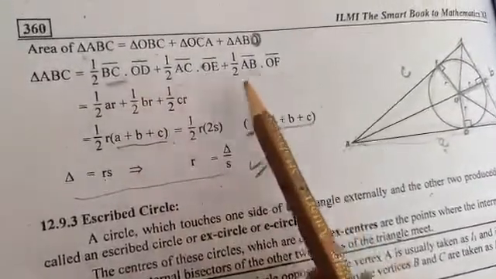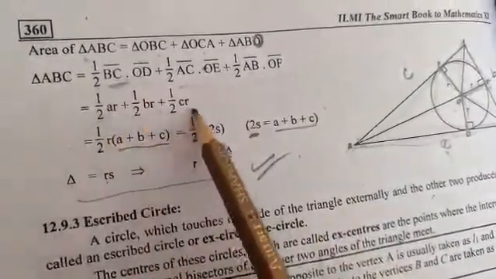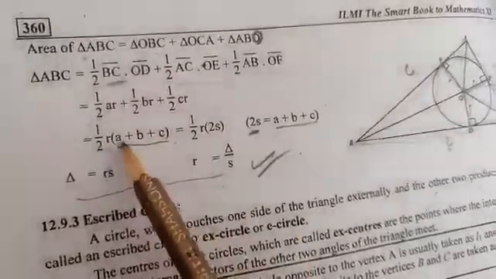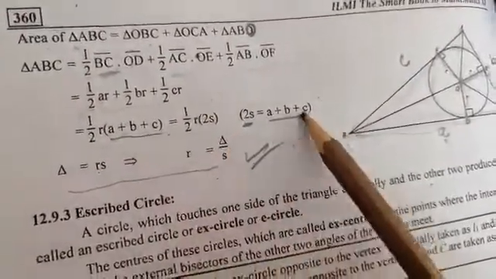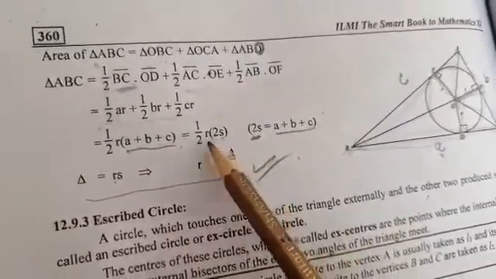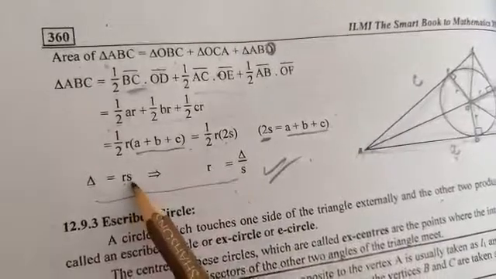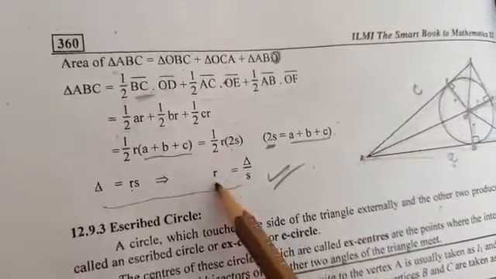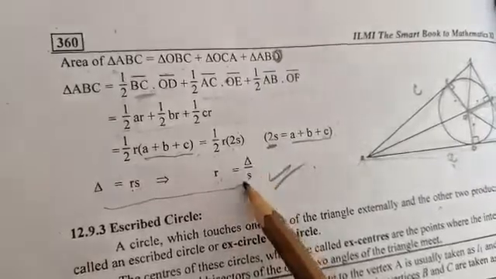Similarly, putting values in other terms, we can take 1 by 2 and r common, and remaining is a plus b plus c, and we know this is equal to 2s. So putting 2s and simplifying we get rs. It means we have found result r is equal to del over s.